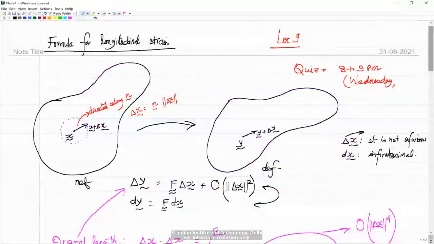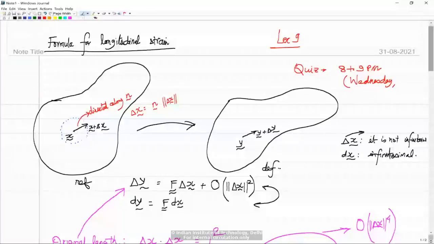And also the strain or stretch, it's all being measured relative to the reference configuration. You change a reference configuration, then the strain also changes, right? Because just here it is change in length by original length. So original length depends on the reference configuration, and change in length depends on both current and the reference.